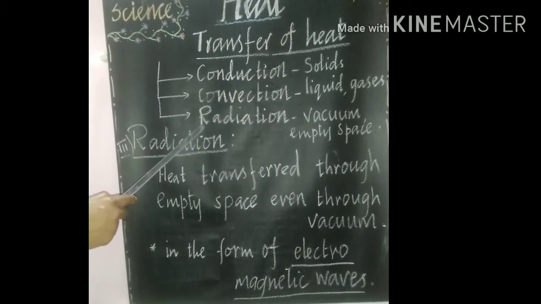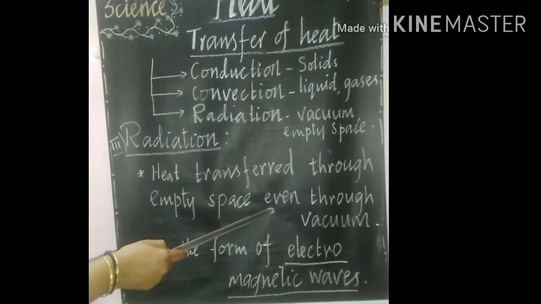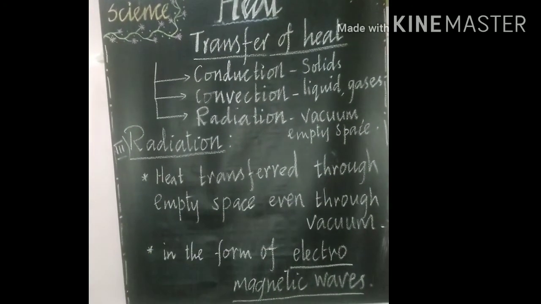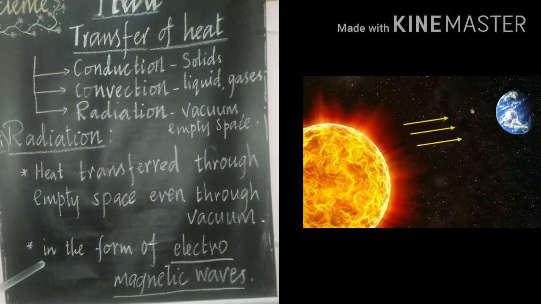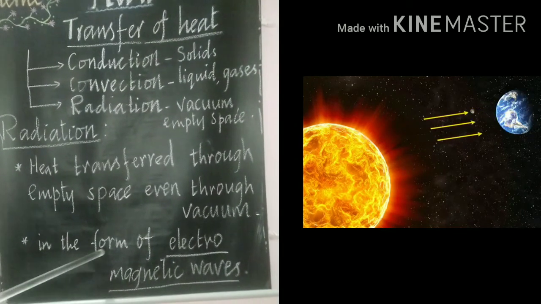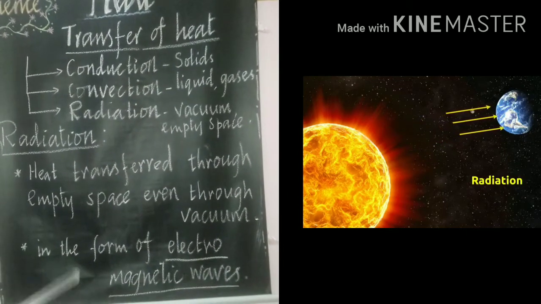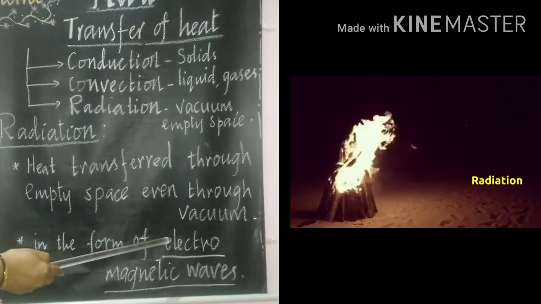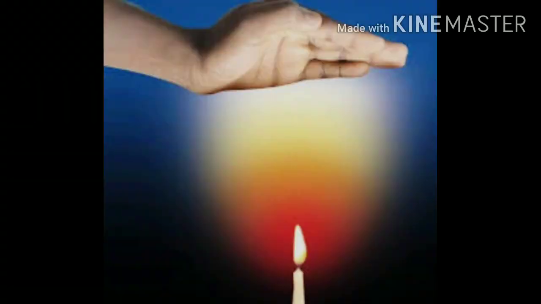But by radiation, heat can be transferred through empty space, even through vacuum. The transfer of heat is in the form of electromagnetic waves. Heat energy from the sun reaches the earth by this form of heat transfer, that is radiation.